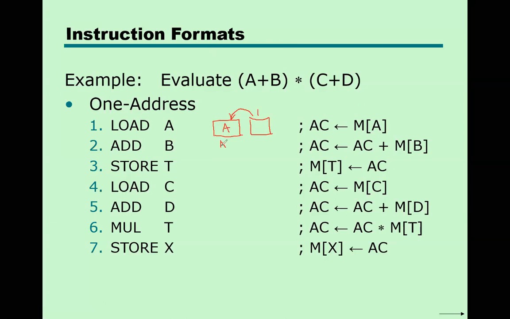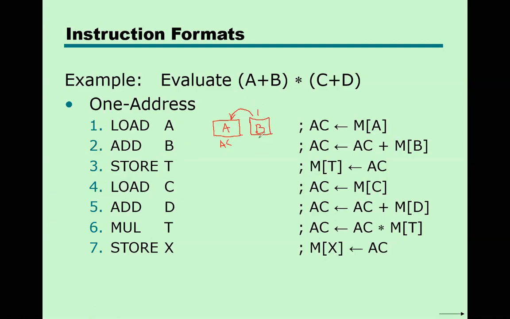So this is the accumulator, here it is loaded, and one address space you have. This is free now. Now what we have to do, we have to add. So this is free now, so you will load this B here.